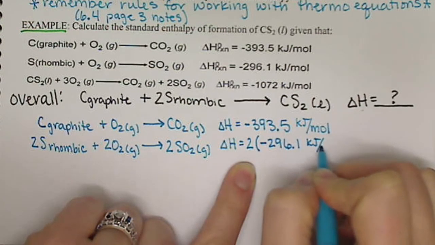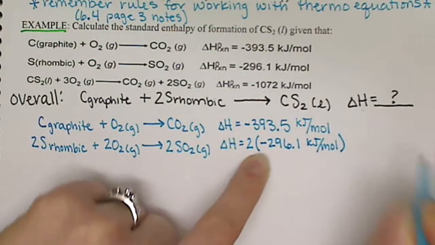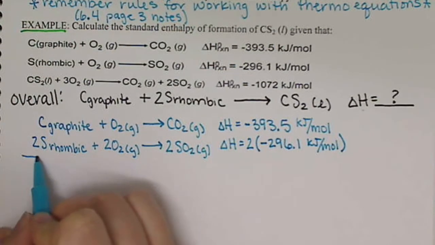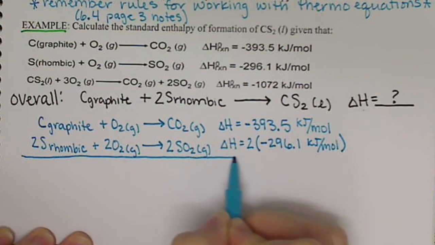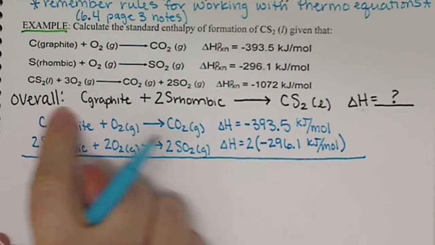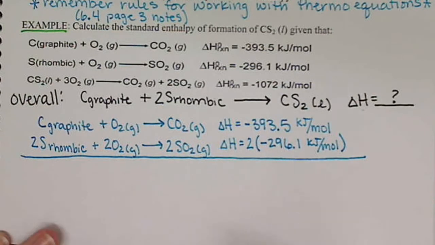And I didn't reverse the equation, so I leave my negative sign intact. So I'm going to add these 2 equations together and then evaluate what I need to get rid of in order to accomplish my overall reaction.